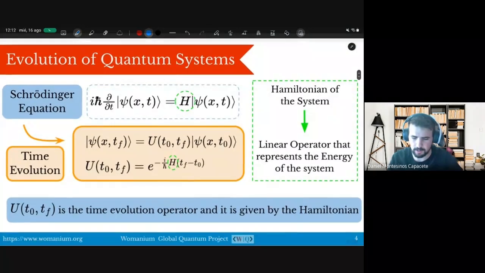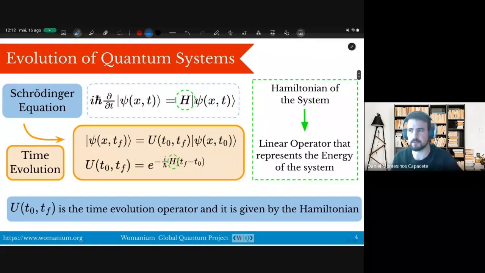So, evolution of a quantum system, and this is important because at the end, when you are doing some computations, there is an evolution over time, right? I mean, you start at some point in the calculation, you have to do some physical things to your qubits, right?